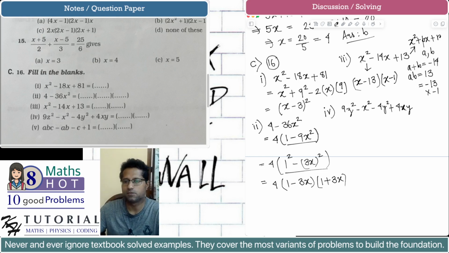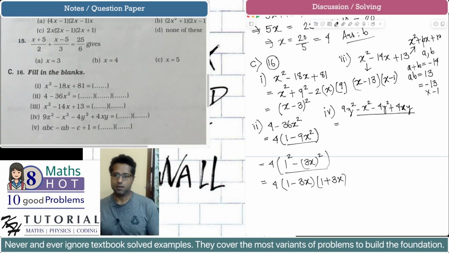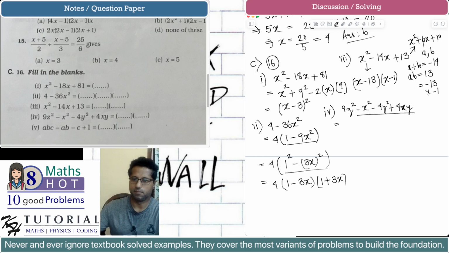Now, this I can clearly see that I can write it. So, we are having minus x square minus 4y square and plus 4xy. It can be expressed as the form a square plus b square minus twice ab, because we can write it as 9z square.